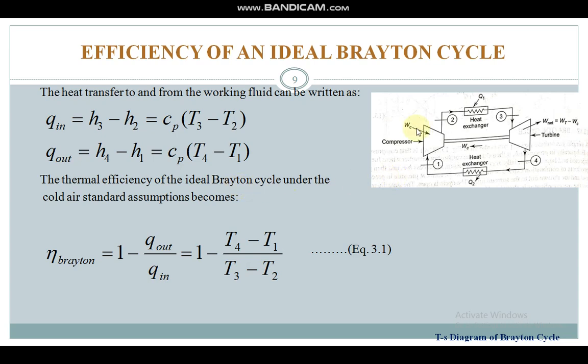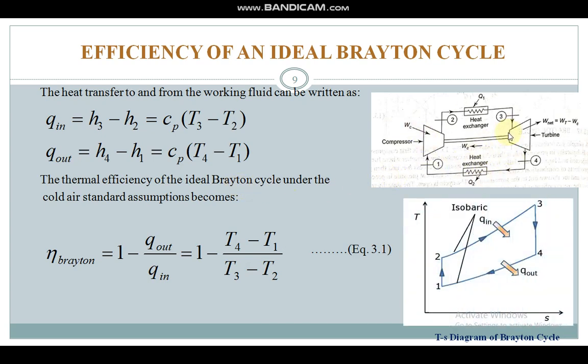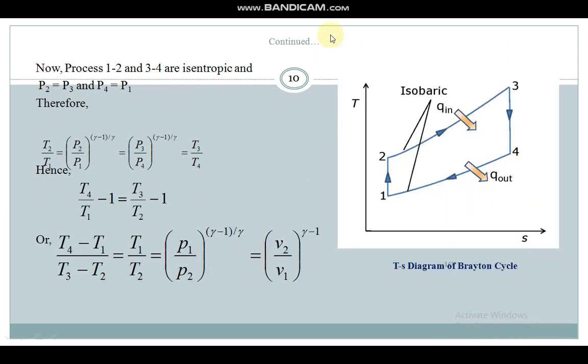So for convenience the flow diagram is given over here, the TS diagram. Now the processes 1 to 2 and 3 to 4, that is the compression and the expansion in the turbine, are isentropic compression and expansion. P2 equals P3 as these are constant pressure processes, and P4 equals P1.